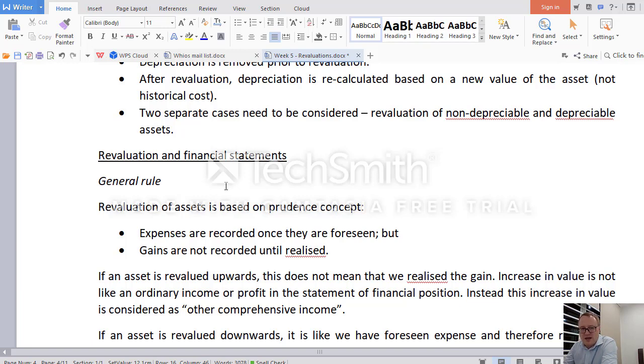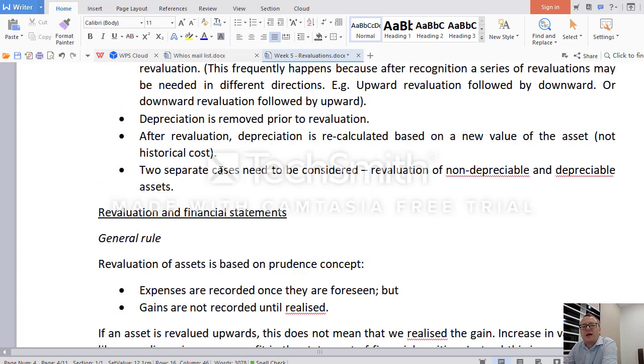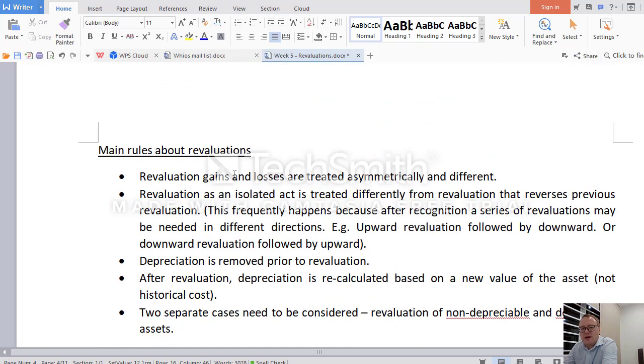Therefore, the rule is, if we have a loss from revaluation, if it is a downward revaluation, this loss goes directly into the income statement and reduces the value of profit and income.